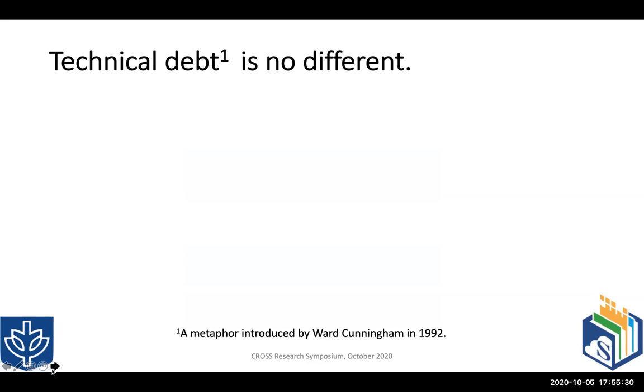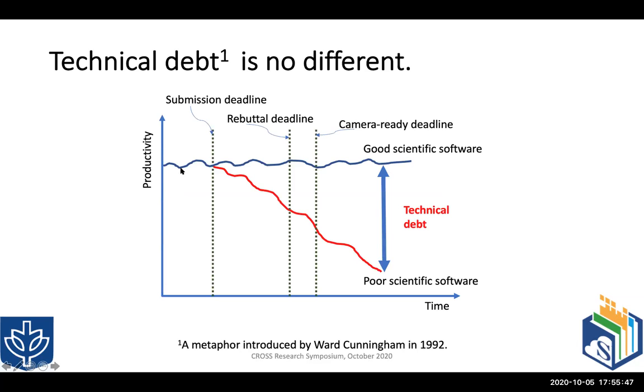To be clear, in science and academia, the commodity is often the paper, and since research is mostly computational, it increasingly includes the software accompanying the paper. Over time, the paper review process, based on the various deadlines, submission, rebuttal, camera-ready deadline, helps us improve the quality of the paper.